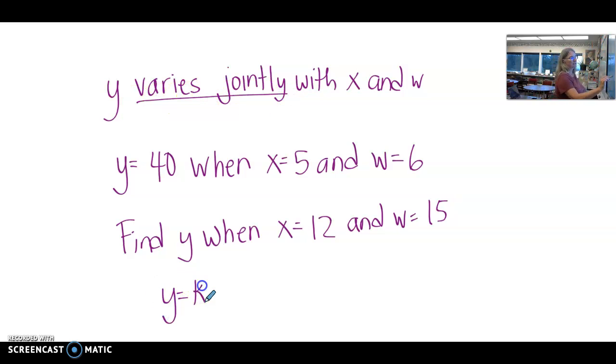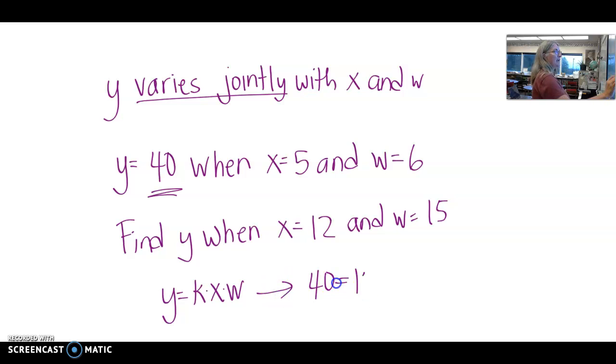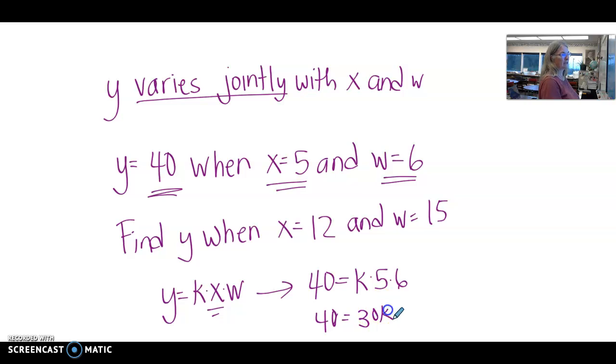So we're going to start out by writing this equation that y varies jointly with x and w. So y equals k times x times w. Now we need to find k based on the fact that when y is 40, so I'm going to plug in 40. 40 equals k times x times w, and it equals 40 when x is 5 and w is 6. So we're going to go 5 times 6. So then I have 40 is equal to 5 times 6 is 30, and I'm going to put 30k like that.